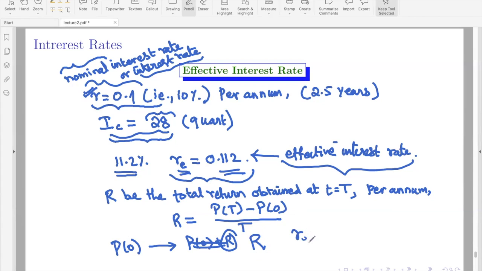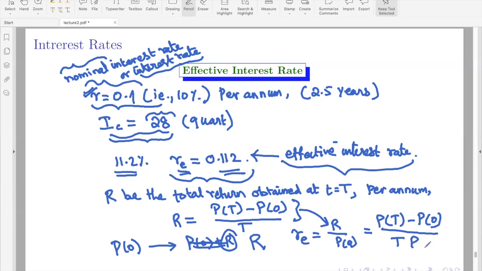So from here you can obtain the relative interest formula. RE, therefore, you can derive it to be nothing but R by P of 0. Now you substitute R here: P of t minus P of 0 divided by t into P of 0.